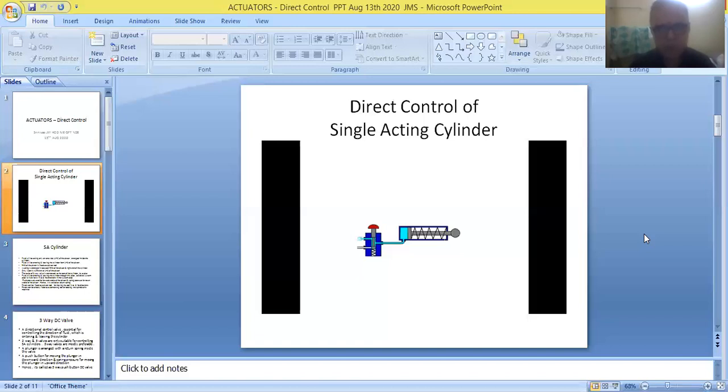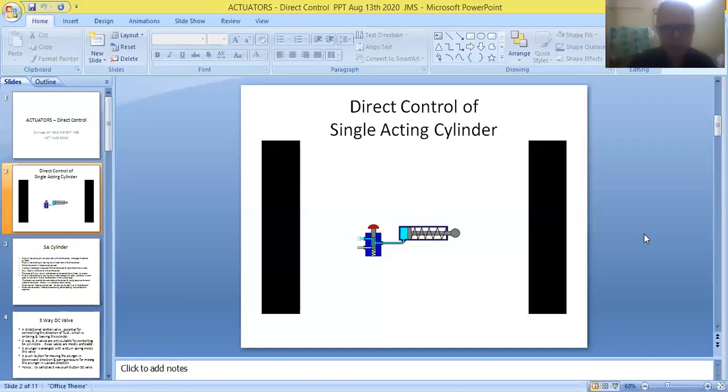So therefore it is called a single acting cylinder. Now, as mentioned earlier, we can see the arrangement of the piston that is fitted to the piston rod, which is also shown in the figure. And finally, a return spring is arranged in between the right hand side of the piston and right end of the cylinder.